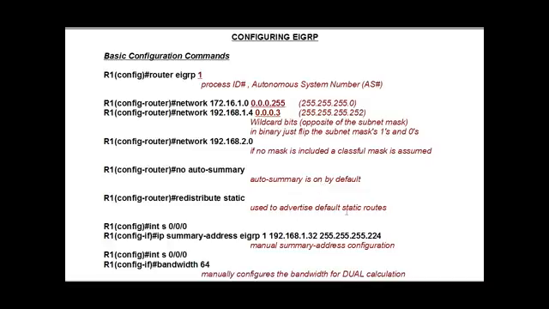This will advertise default routes or static routes to other routers in the EIGRP AS, so autonomous system, or all the EIGRP routers have the same process ID. This is useful if you have a default route to like a 0.0.0.0 network with a 0.0.0.0 subnet mask, and you want to send out that static route, let other EIGRP routers learn about it. Then you'd use this redistribute static command.